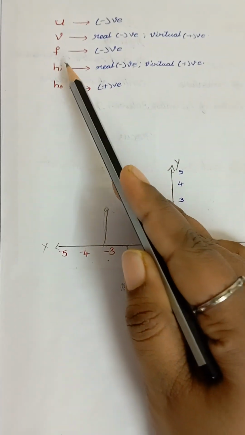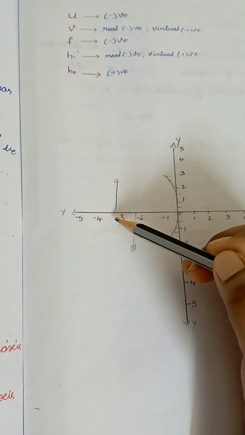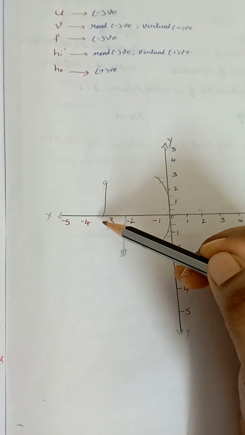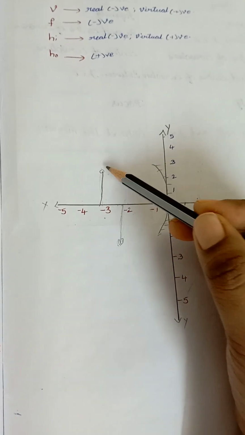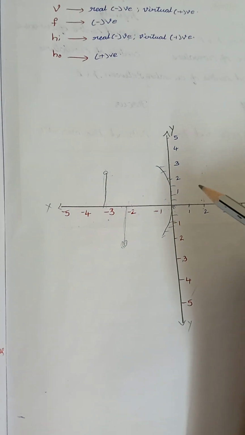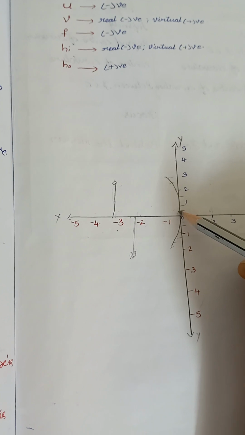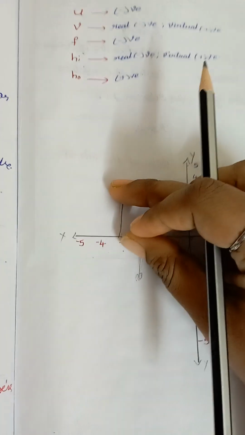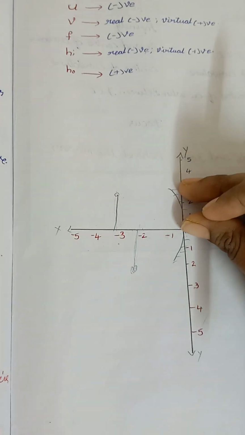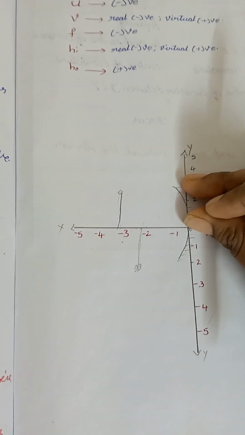And height of the image, height of the object. Where will we place the object? Here, we measure upward like this. These are positive values.